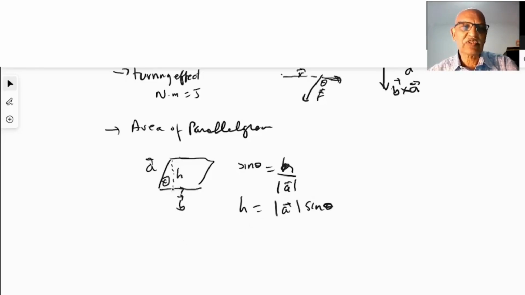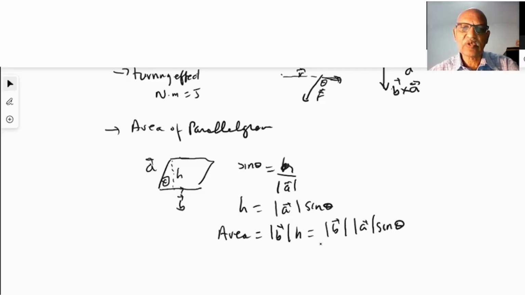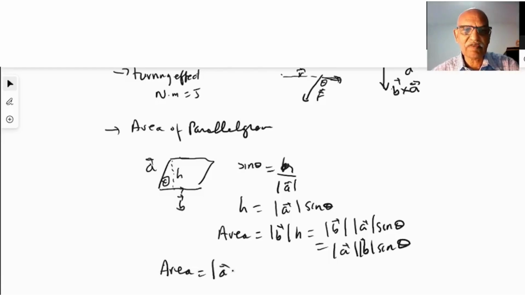That's my H. So now the area of parallelogram will be base times height, absolute value of B times height, which means B times A times sine theta, which is the same as A B sine theta. Therefore, area of parallelogram is always the magnitude of A cross B.